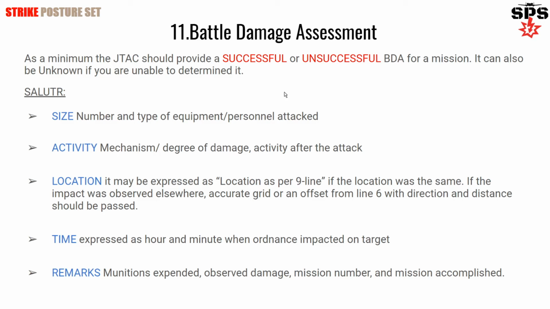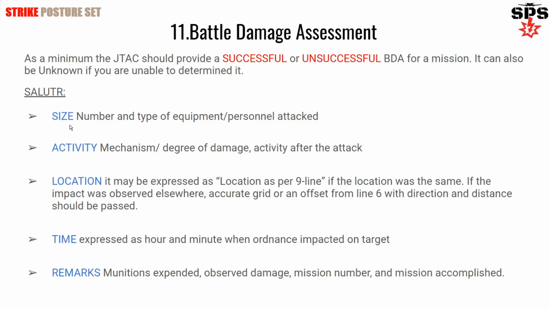So the minimum is successful, unsuccessful, or unknown for the mission, so the pilot knows what state the mission is at, and if he can move on with something else. But the more detailed format is here. It's called the SALUTOR. I didn't include the U, it's the unit, which is usually useless. Even in real life we don't really mention that.